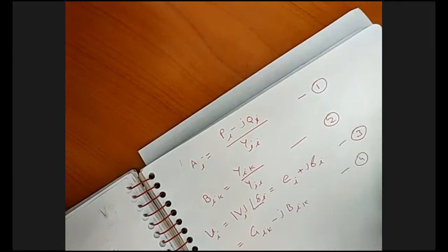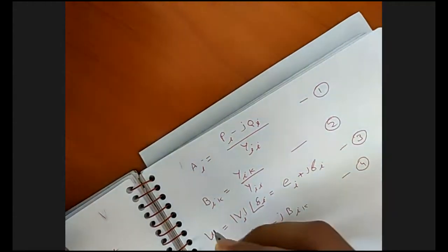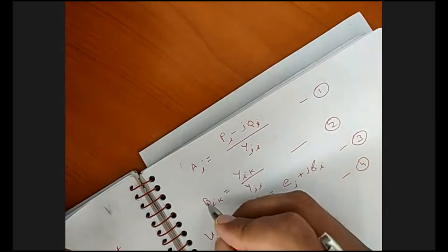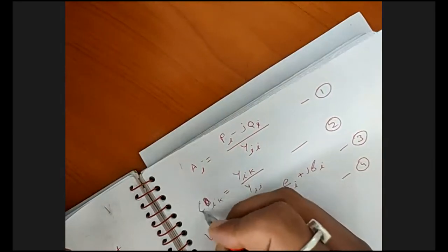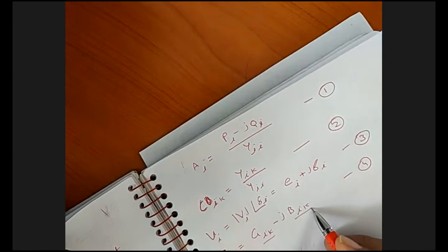That means the fourth formula. Or we will give it some other name, that is Cik, so that is Gik minus Bik. That is your next formula.